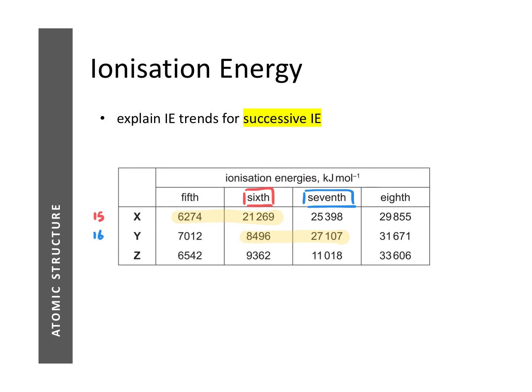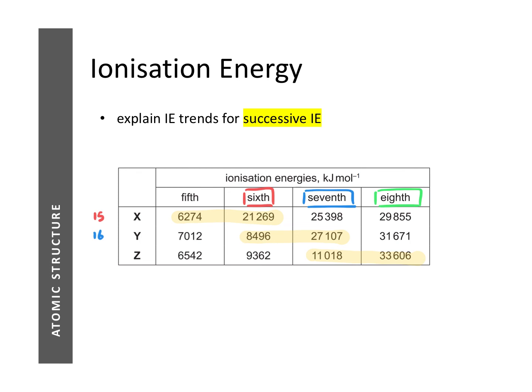And the last one over here, the biggest jump occurs between the 7th and the 8th electron. So what this means is that for atom Z, the 8th electron is from an inner quantum shell. So how many valence electrons are there in atom Z?